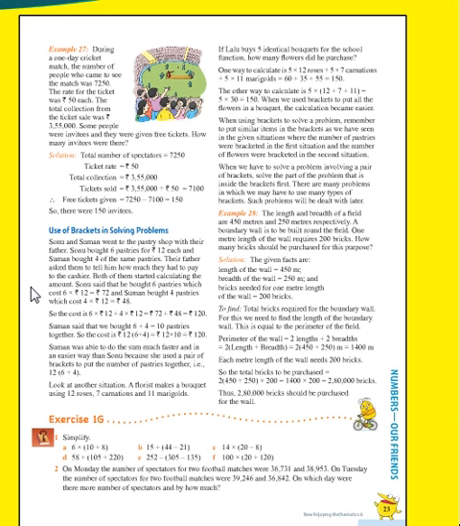Then Suman bought 4 pastries, so we multiply 4 into 12 rupees, which equals 48 rupees. So the amount of Sonu's pastries is 72 rupees and the amount of Suman's pastries is 48 rupees.